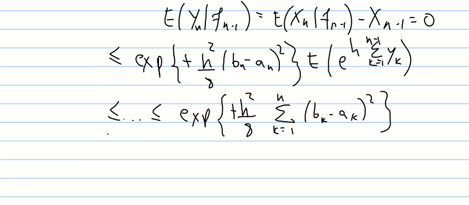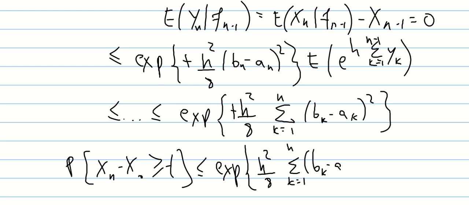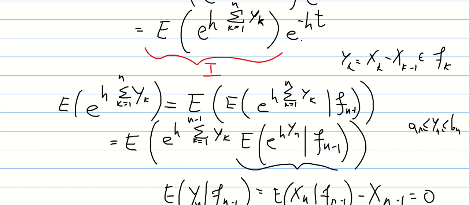So in the end, the probability that xn minus x0 is larger than t is bounded by the exponential. Here you have h squared over 8 times the sum, but we also have minus ht from the denominator term here.